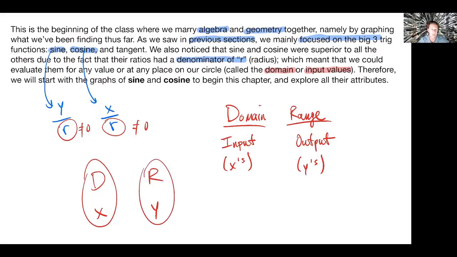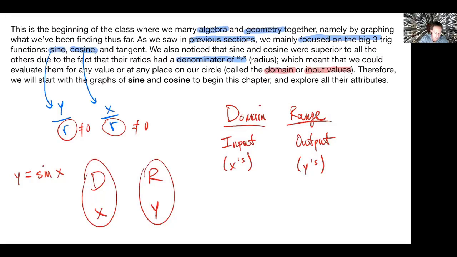For us, when we're dealing with trig functions, we're talking about y equals sine of some angle. We've been using theta for degree measurement typically. We've been using s for some real number of the arc length, which we said was equivalent to theta. Now we're going to use x to also denote some angle, some input.